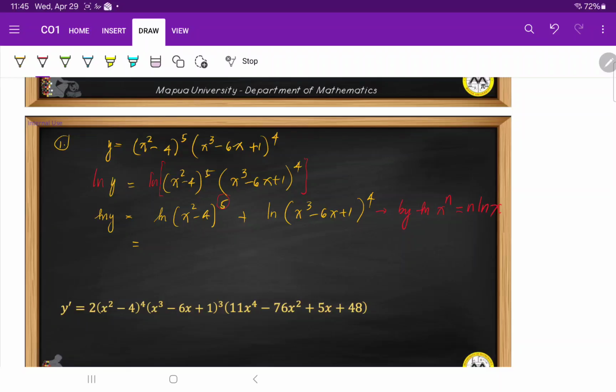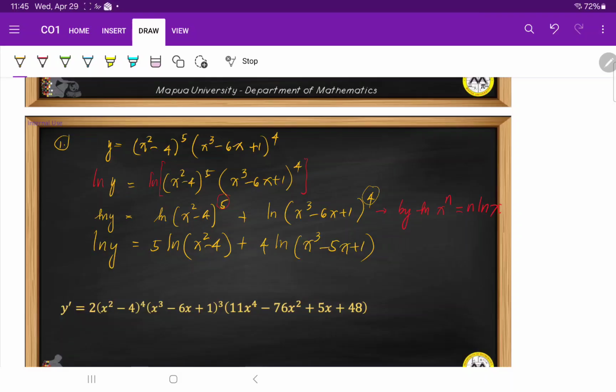So this can be written as 5 ln of x squared minus 4 plus 4 ln of x cubed minus 5x plus 1. That's your ln of y.